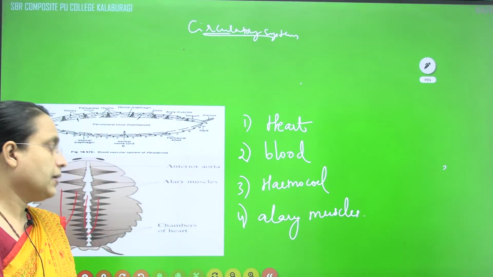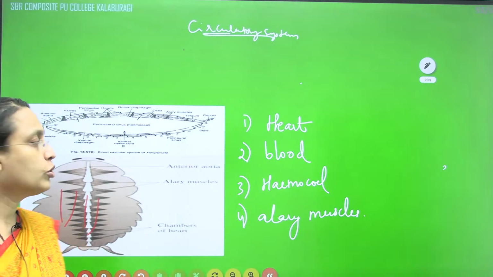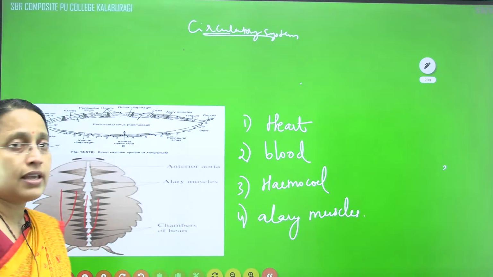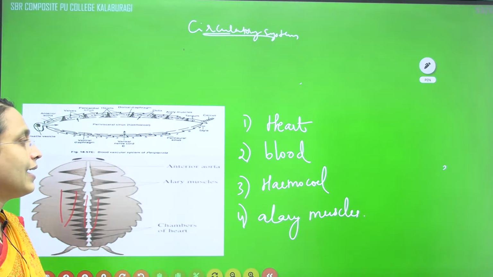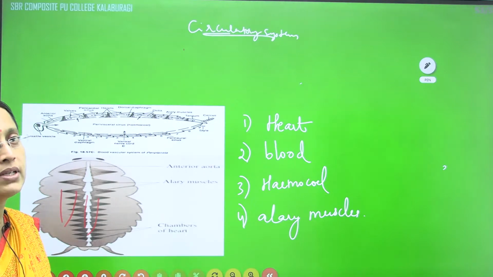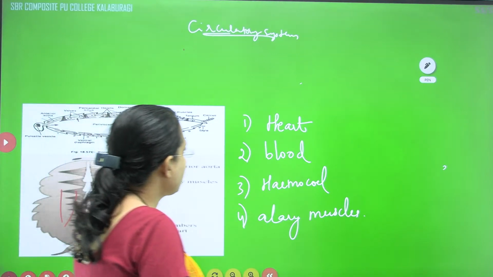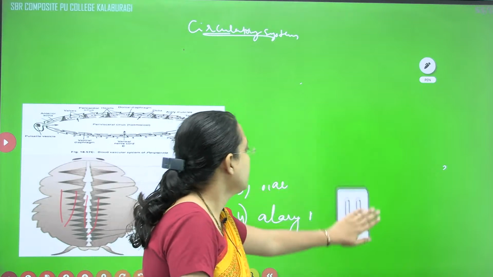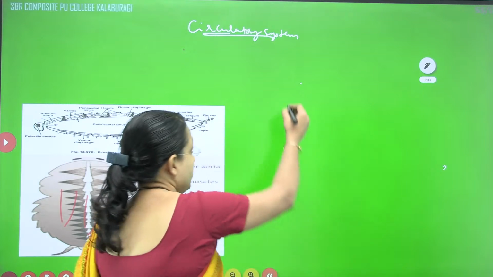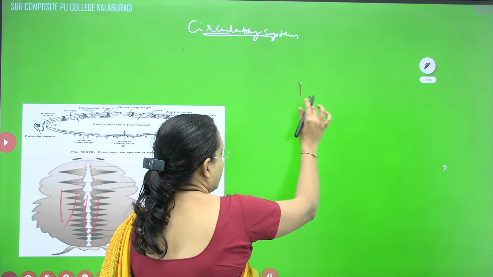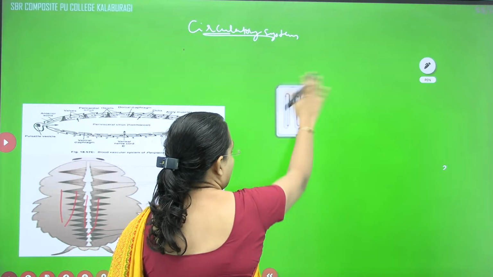So heart, blood of cockroach, cavities or sinuses of cockroach, and the alary muscles of the cockroach. I would first explain about the blood of the cockroach.